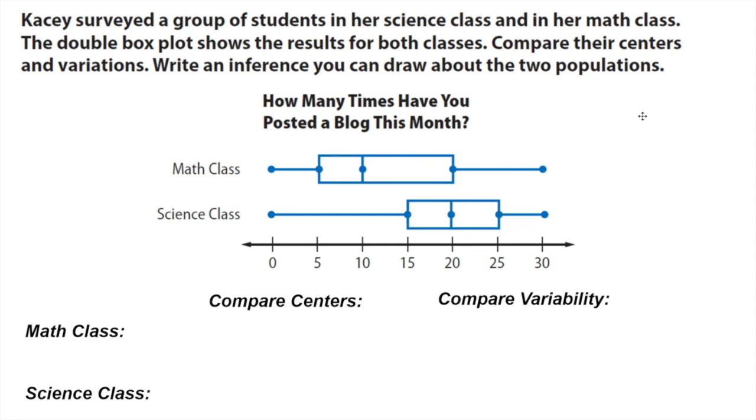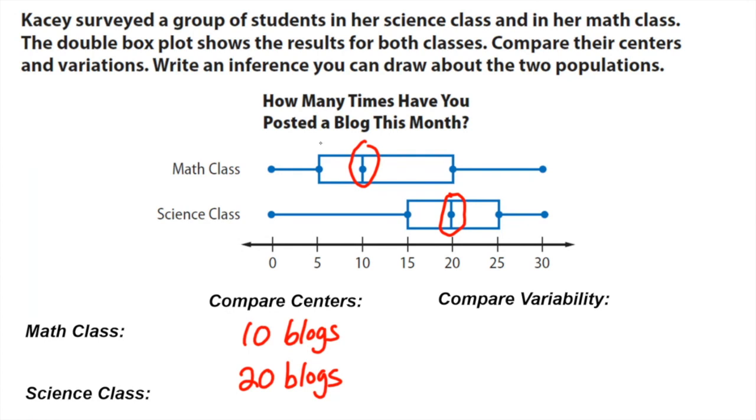So looking at the box and whisker plots, we're looking at the centers, and to find the centers, we're going to look at the median. For the math class, the median was 10 blogs for that month. And for the science class, it's here, and it's 20 blogs. And that's comparing their centers. And now we want to look at the variability from each class too.